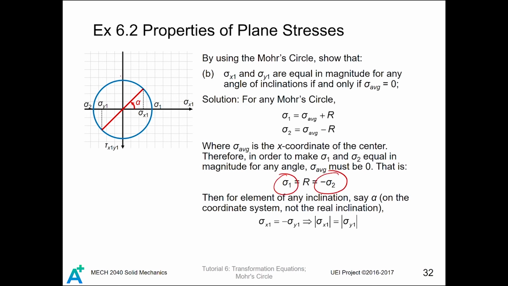Then we can draw a Mohr circle as shown here. For this Mohr circle, as long as it has equal magnitude of principal stresses, the direct stress at any angle of inclination can be found in this way, and you can find that they are automatically the same. Therefore, we draw a conclusion that sigma x1 and sigma y1 are equal in magnitude for any angle of inclination if and only if the average lies at the origin.